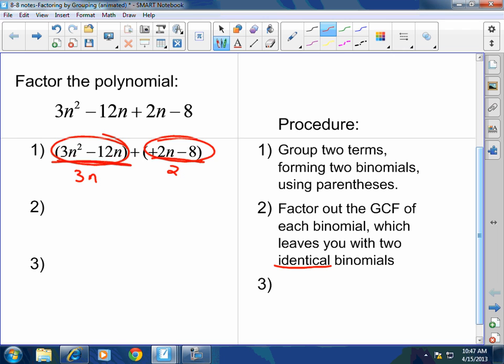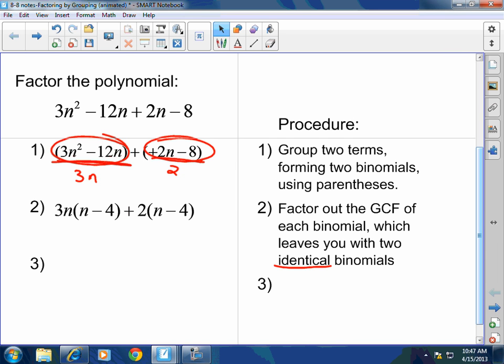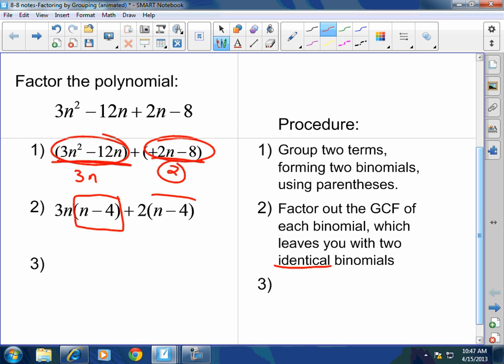Let's see what happens here. When I factor out my 3n, I'm going to be left with 3n times n minus 4. When I factor out my 2, I'm going to be left with 2 times n minus 4. Look at what I just created here: 2 identical binomials. Make sure you see that and understand that.